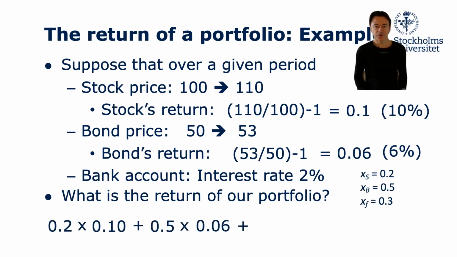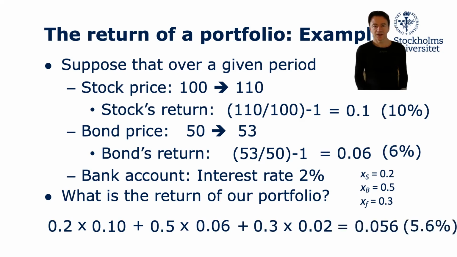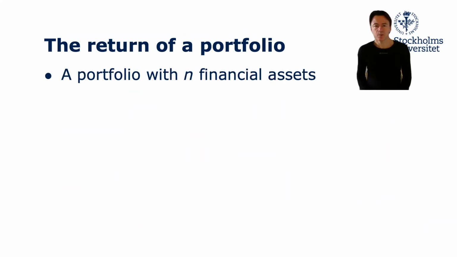We take the weight of the bond and we multiply it by the return of the bond. And we take the weight of the risk-free asset and we multiply it by the return of the risk-free asset, that is 2%. The total is 5.6%, or 0.056 as a proportion.